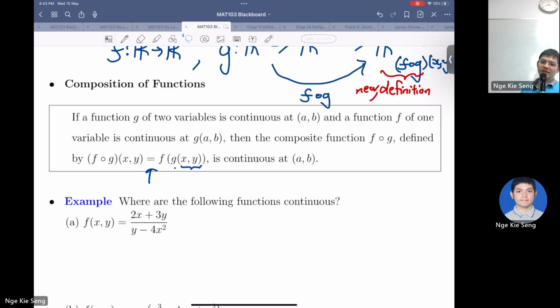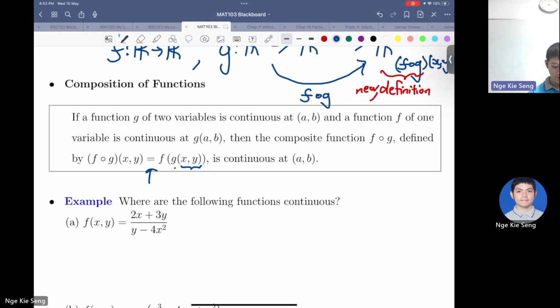Okay. I think you don't talk about continuous first. Talk about defined. Where is this function defined? Does it make sense if y equals 4x squared? No, right? So what you need to make sure for this function to be defined, don't talk about continuous yet.